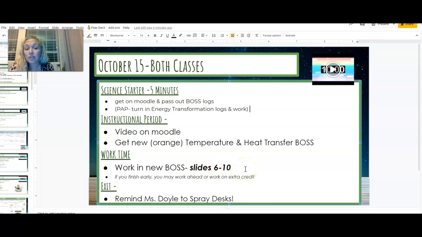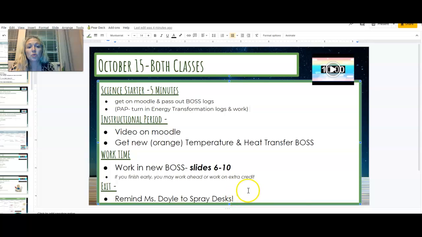If you finish slides 6 through 10, then feel free to go to the next set of notes and start working quietly through the rest of those activities. I'll give you an extension activity to do next week if you move forward and don't have anything to do next week. So go ahead and feel free to move forward if needed.